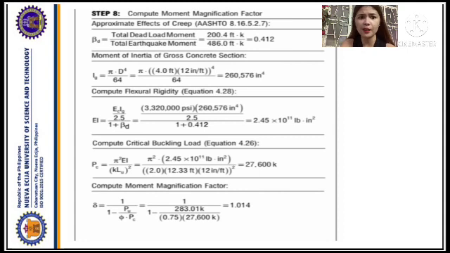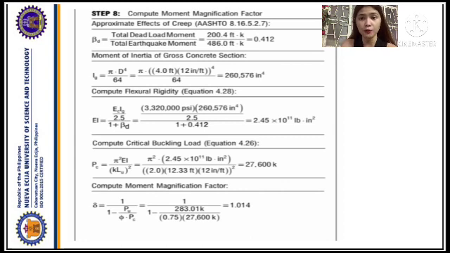The critical buckling load is computed using the effective length factor of 2.0 found earlier in step 7. This value is based on the tie being subjected to longitudinal earthquake motion. Finally, the moment magnification factor is computed using the criteria defined in AASHTO 8.16.5.2.7.